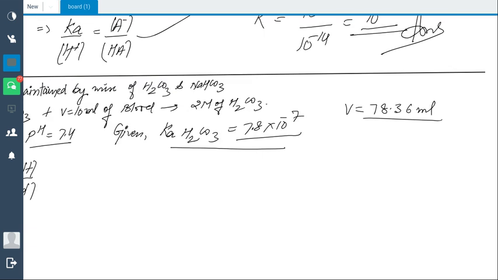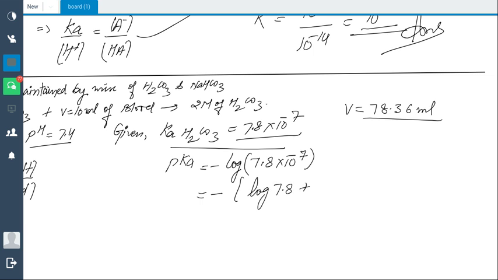K is this much. When the K is this much, how do you find the pK? Right?